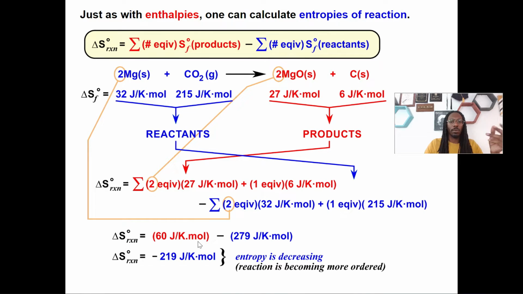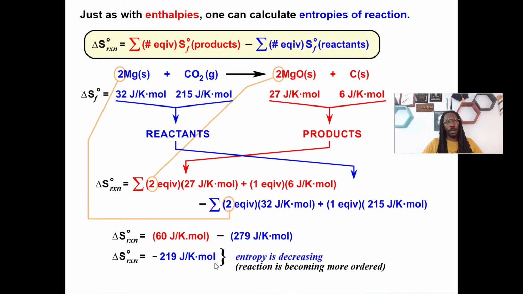In this case, products, we're going to get 60 minus our reactants. In this case, is going to be 279. So that's going to see an entropy of negative 219 joules over Kelvin times moles. So we get our final answer, right? Negative 219 joules over Kelvin mole.